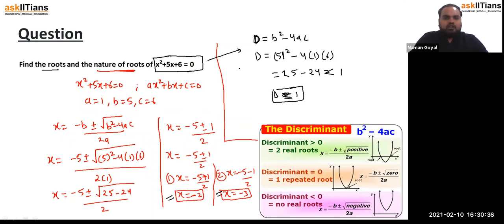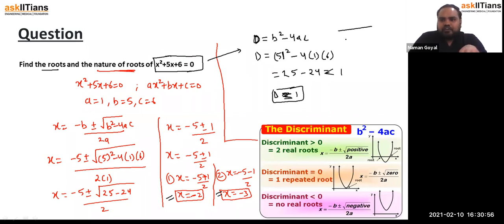As I told you earlier, the graph of a quadratic equation is a parabola, right? So if two roots are there, it means the graph cuts the x-axis at two distinct points, isn't it?